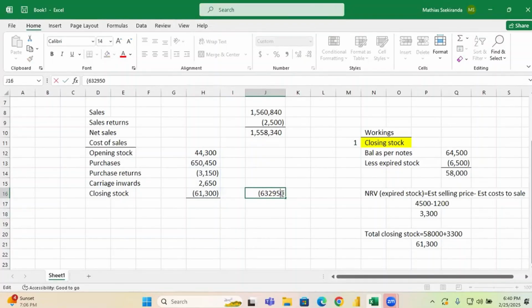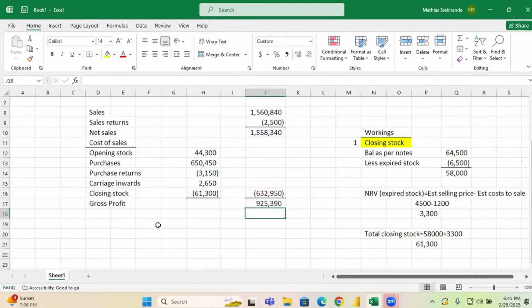It must be deducted from our net sales. So what we get is gross profit. Gross profit is always sales minus cost of sales. So we have 925,390 as our gross profit.